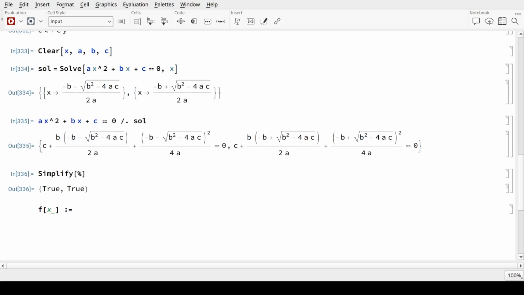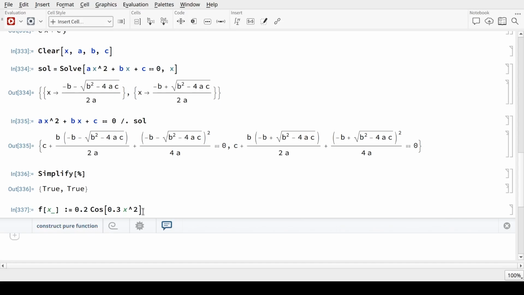Then we have this colon, equal sign, and 0.2, let's say, cosine 0.3 multiplied by x squared. This is our function, right? We have the expression on the right with a variable.